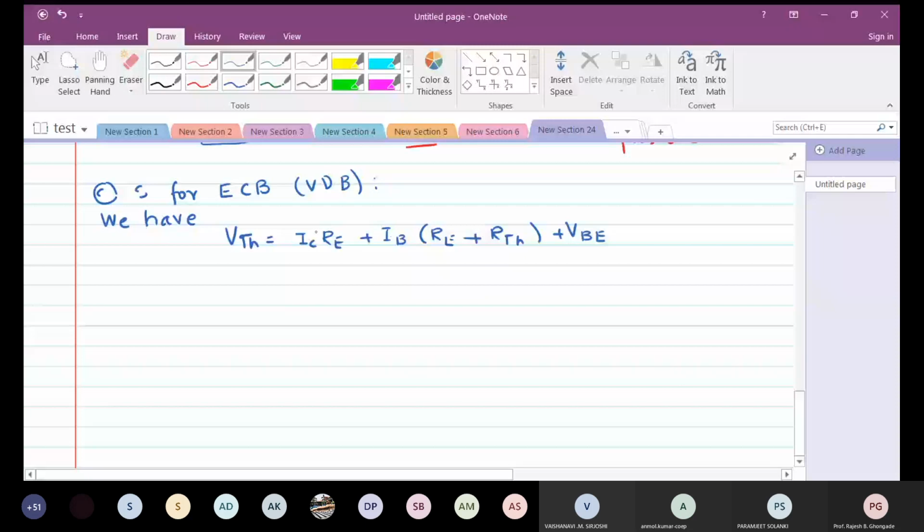So we have this equation from the previous derivation. Again, it is nothing great. For those who don't seem to recollect, we had reduced this to VTH and RTH, and here we are applying KVL.